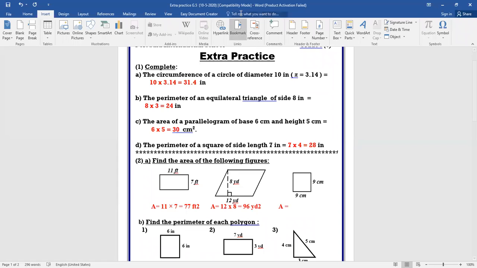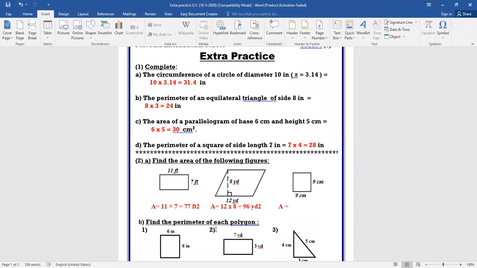Area of square. It will be side multiply 4? No. Perimeter is side multiply 4, but area is side multiply by side.